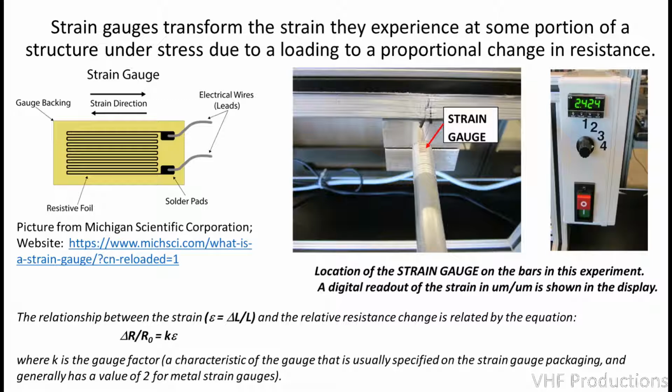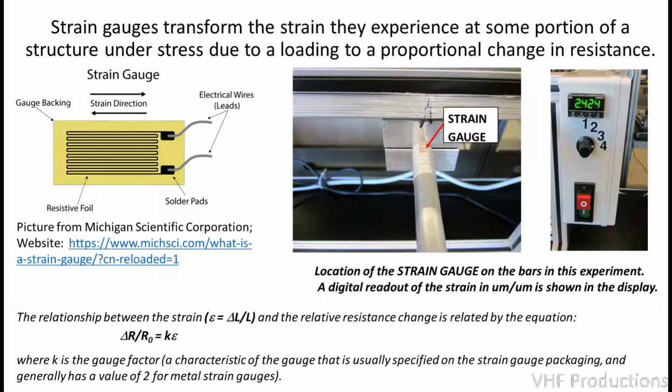It's shown in the diagram to the left. The copper wire acts as a resistor, and as the strain gauge is stretched or compressed, the resistance of the copper wire will change, and that changing resistance will be used to evaluate the amount of strain, whether stretching or compressing, that the material is experiencing.